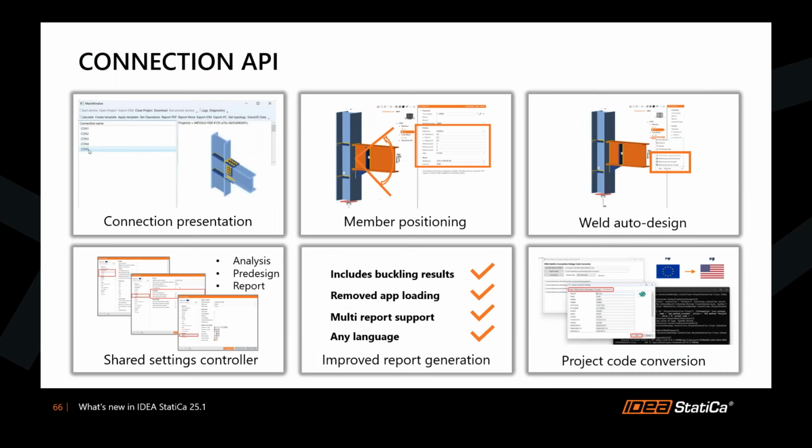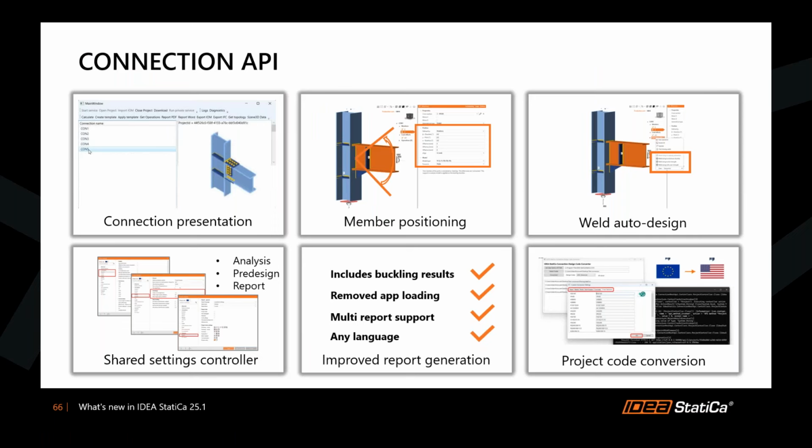Another thing on our list is an improved connection API. Automation and API use, we have seen a rapid rise of the use of API. So we reacted, the API is improved, connection presentation, positioning of a member, and auto design is now available via the API.